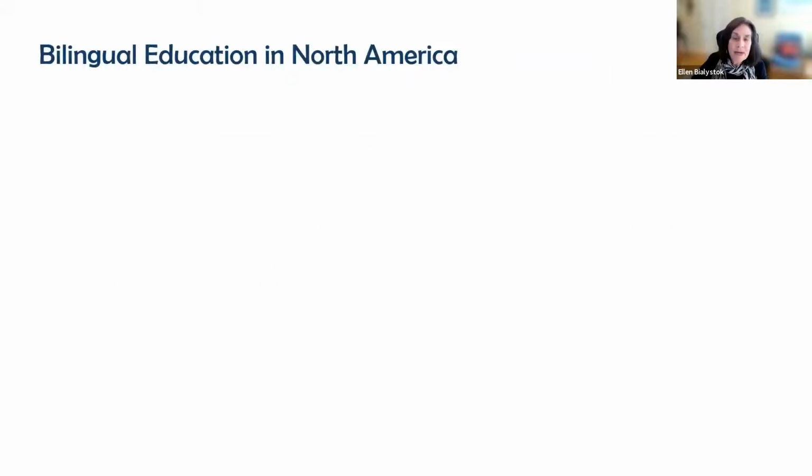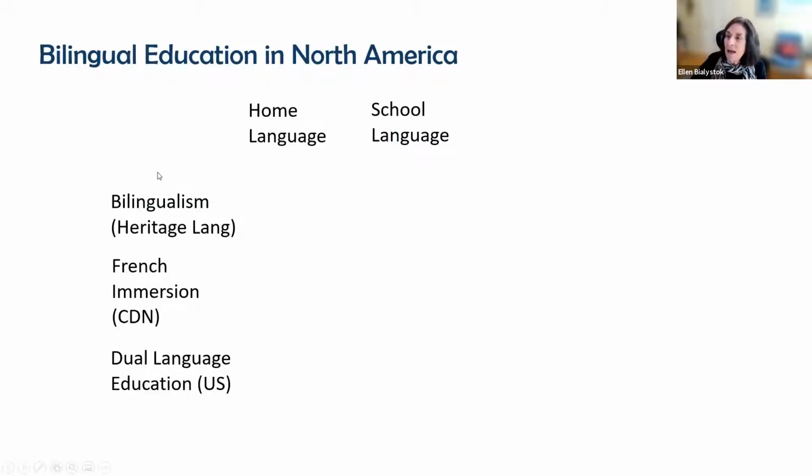Well, in North America, we can talk about a variety of configurations of bilingual education that have different programs, and this is only a small sampling. In the United States especially, there's a lot of flavors here. And I just want to look at a few of them.